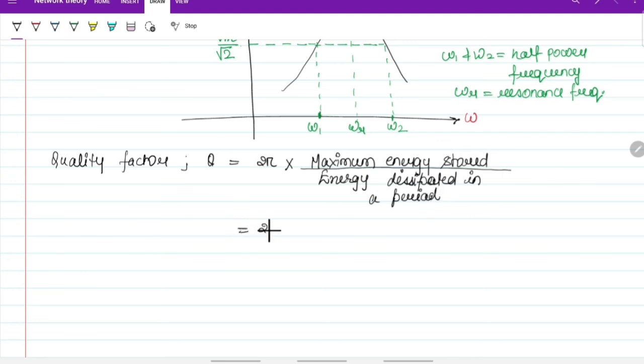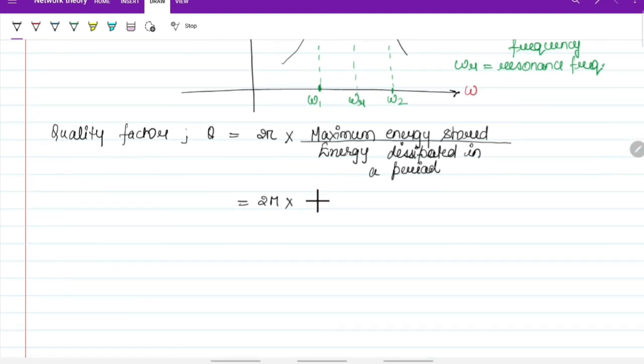Here we can take C as an energy storage element, so we can write this as half CV square, and the energy dissipating element is R. Energy dissipation is I square R, or V square divided by R over a period, so we need to multiply this with T.